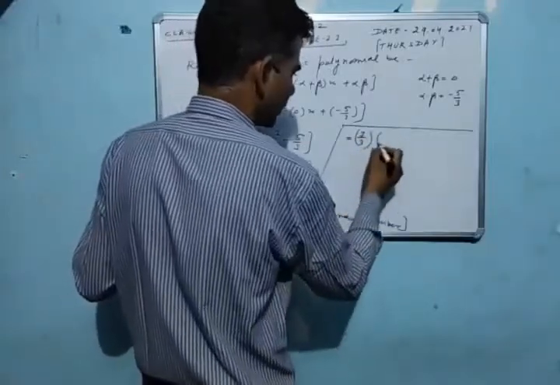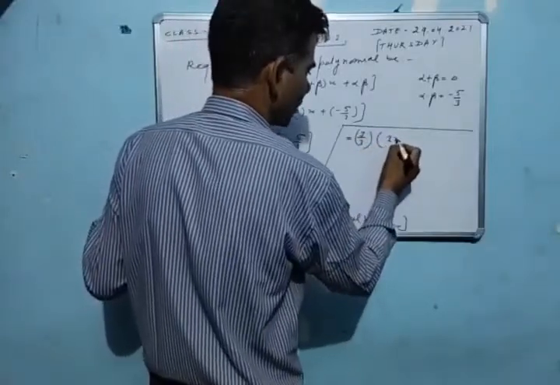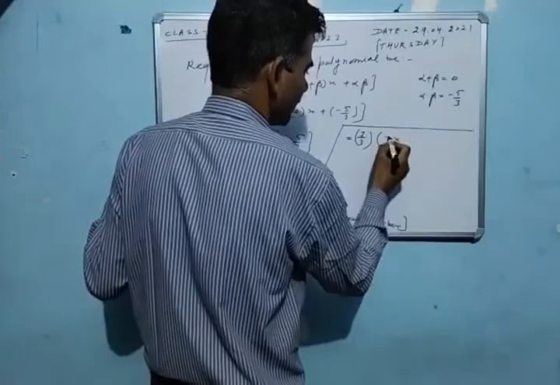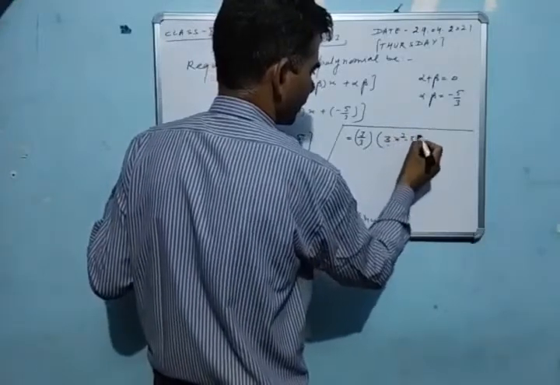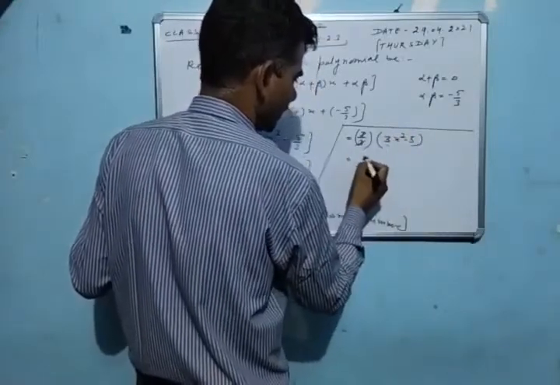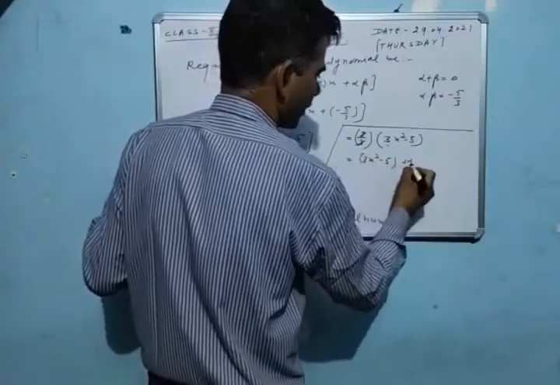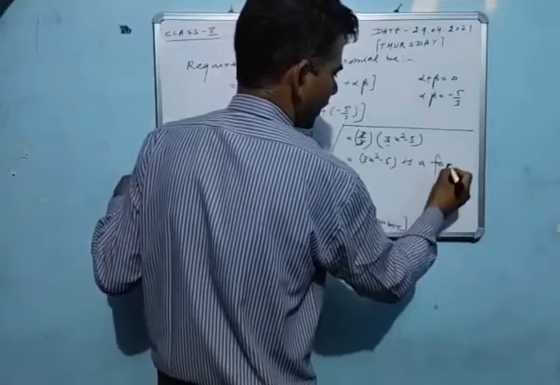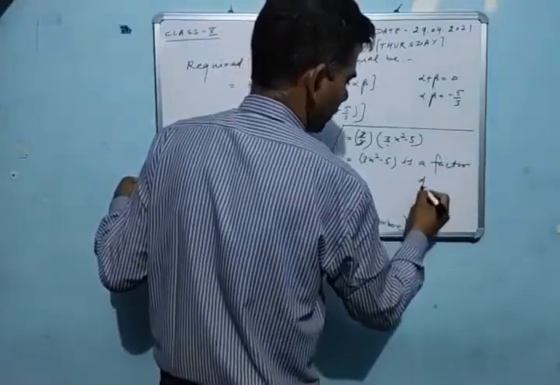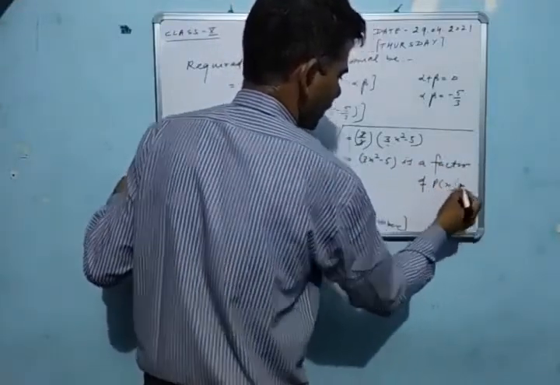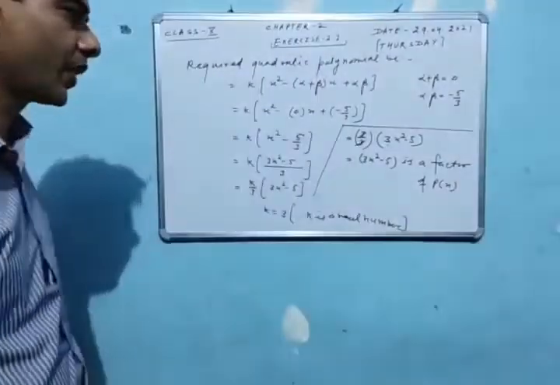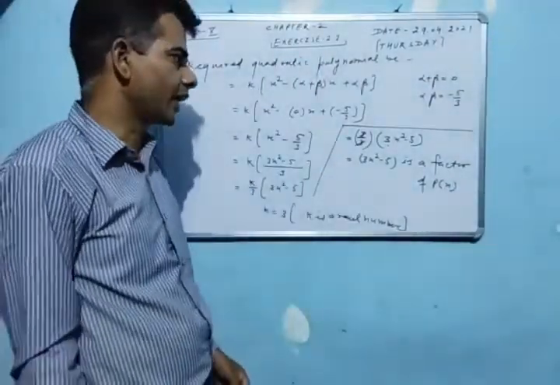Now this will become 3x square minus 5. 3 ones are 3, that is 3x square minus 5 is a factor of p of x. Students, 3x square minus 5 is a factor of p of x.